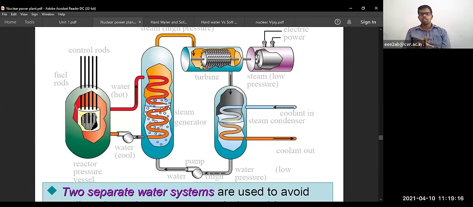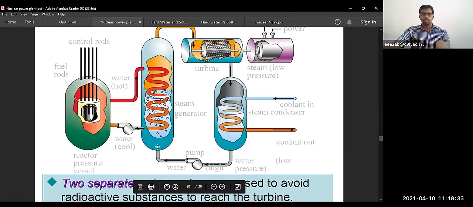That's why we avoid sending the water directly to the reactor, and instead use the coolant, so that we avoid all these radiations and radioactive substances.